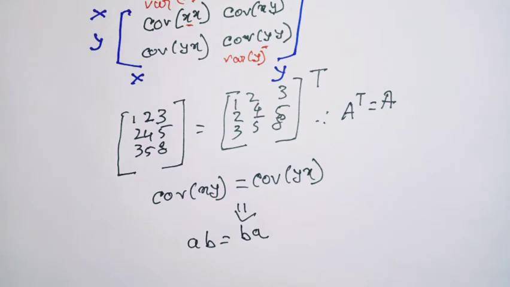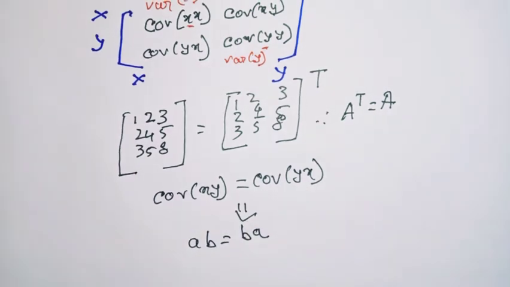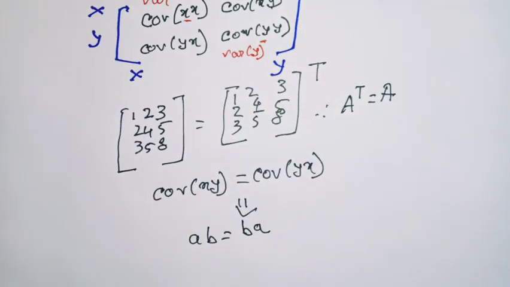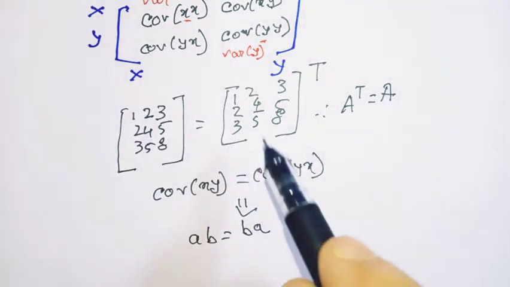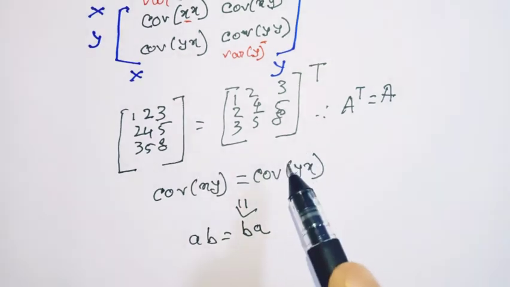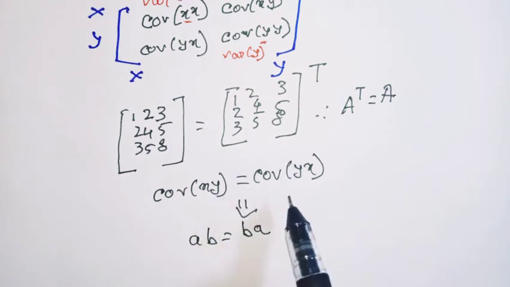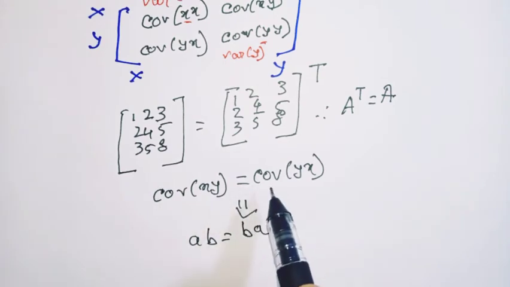Just note that this obeys the commutative property. But please note that matrix multiplication is non-commutative, as you know by the formula of linear algebra. But here, because of x and y and y and x, this follows the commutative rule.